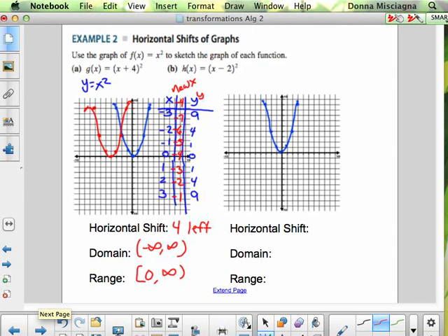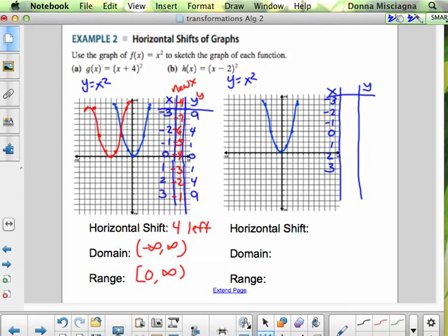The parent function's there, but we could use the table. So we have x, and so negative 3, negative 2, negative 1, 0, 1, 2, 3. And we're going to leave a space, though, we're going to square, as our parent function is y equals x squared.